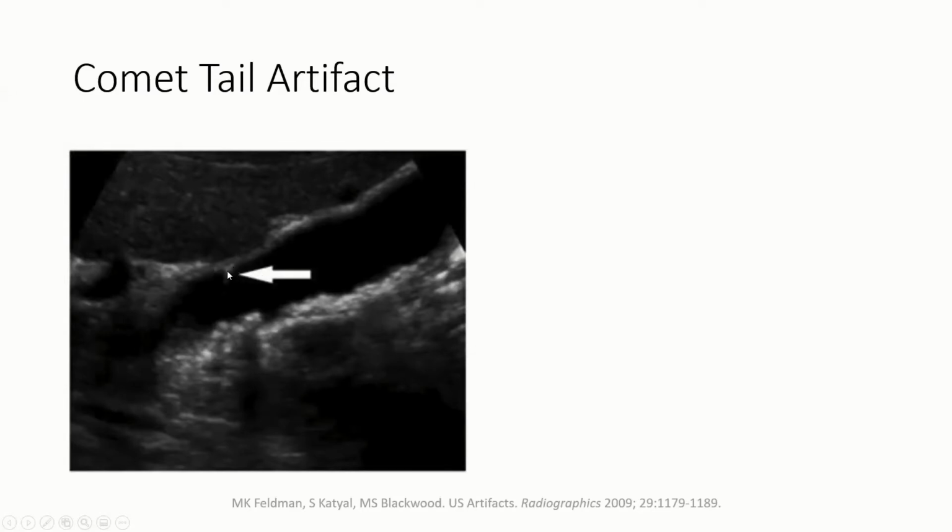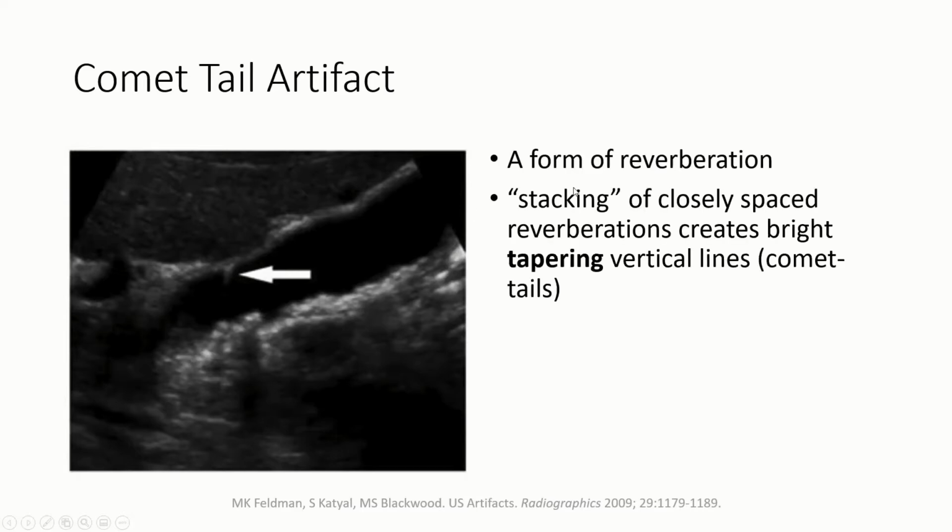So you can see high echoic signals here, but you also see that kind of tapered tail. So this is called Comet-tail artifact. As I mentioned, this is a form of reverberation, and then stacking of closely spaced reverberations, creating this tapering Comet-tail.